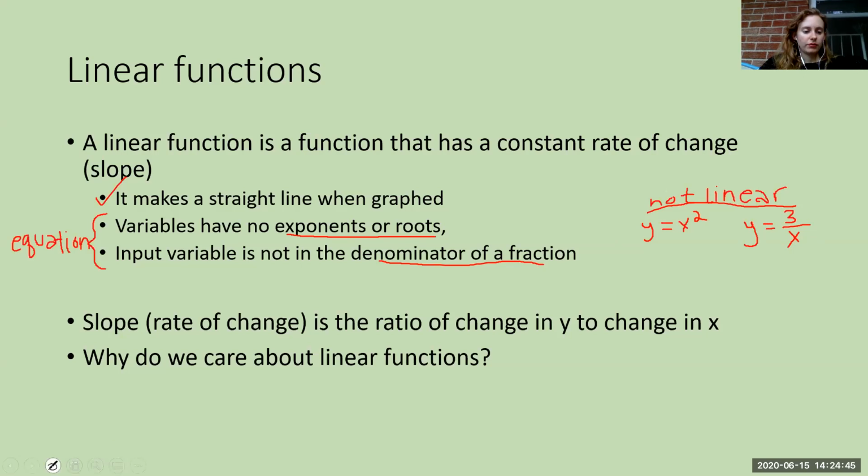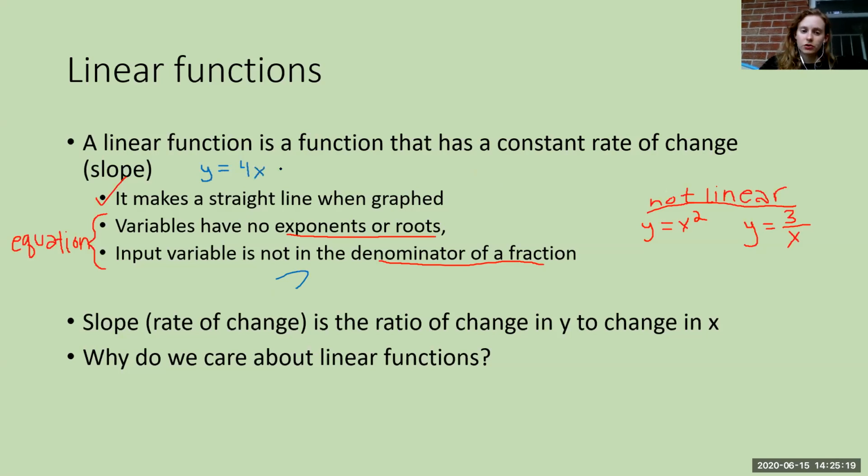Examples of what a linear equation looks like. Again, we're going to see a lot more examples later on in the lesson. But basically, in a linear equation or a linear function, your variables just don't have anything extra going on with them. So a linear function, a linear equation, is going to look something like this: y equals 4x.